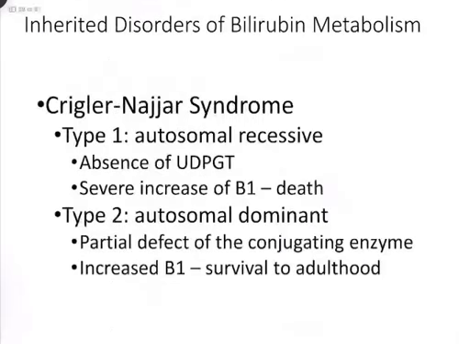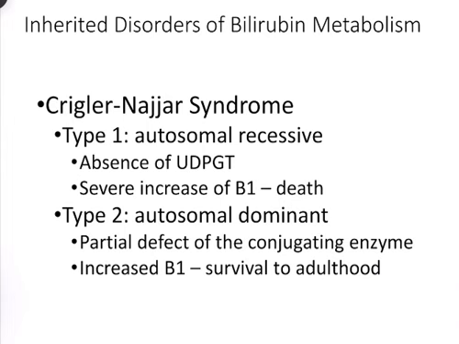So next you have Crigler-Najjar syndrome. This has two types. Type 1 is autosomal recessive. Absence of UDPGT, severe increase of B1 which causes death. Okay? Why does death occur? Since your B1 is increased, this can cause kernicterus, or accumulation of bilirubin in the brain, which impedes the function of the brain.